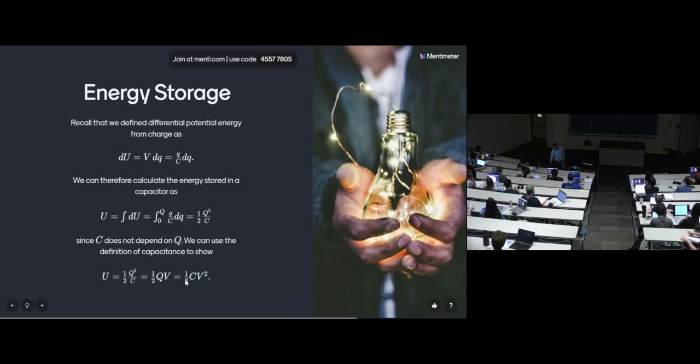And so in the lab, the most practical way to measure the energy stored on a capacitor is 1/2 CV squared. So as you increase the voltage, you get a parabolic increase in the energy stored on the capacitor. Okay? Any questions so far?